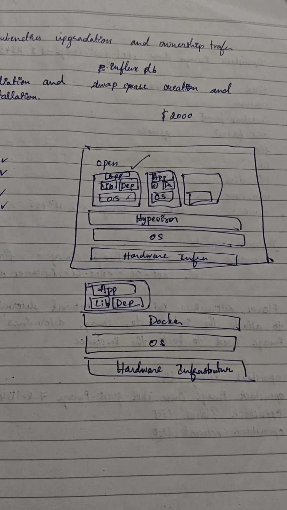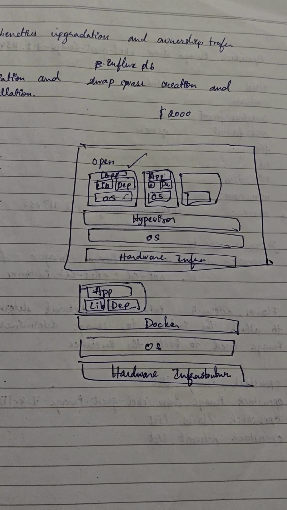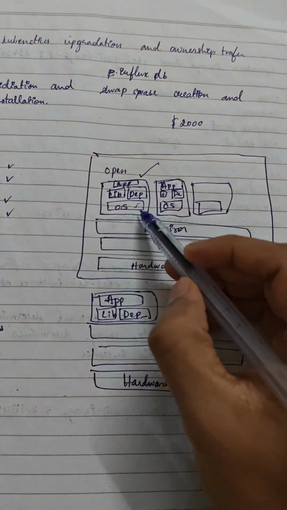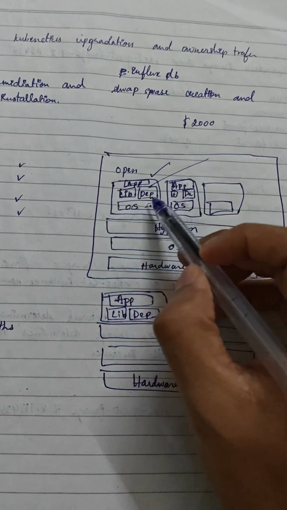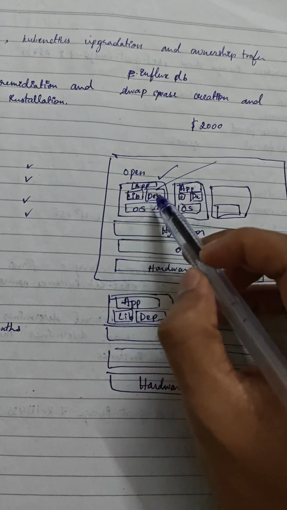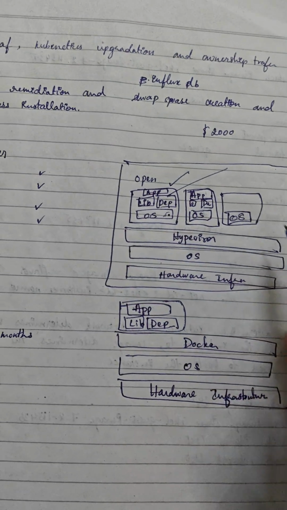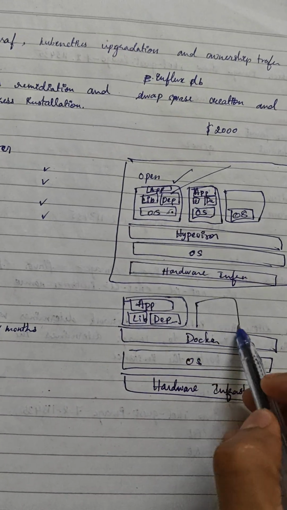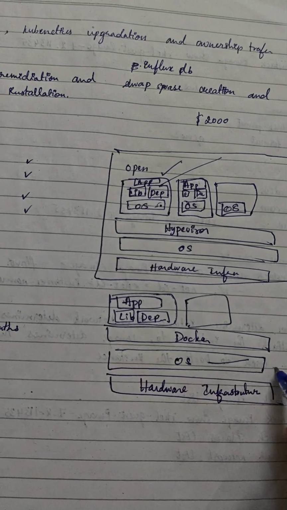In containers there will be only one OS, unlike VMs. In a VM there will be an OS for every virtual machine, but in containers there will be only the underlying OS. This one is the underlying OS.